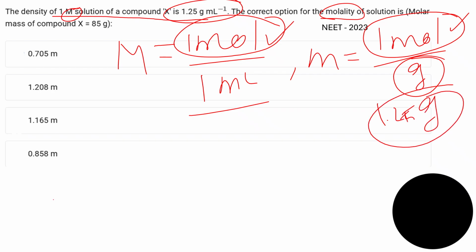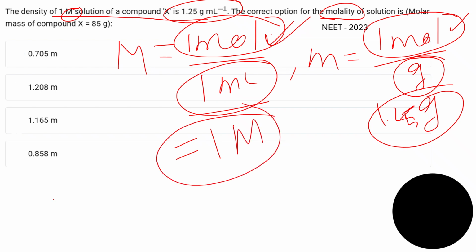Okay. Just think. This is simple. In 1 molar, 1 mole divided by 1 ml gives 1 molar. 1 by 1 is 1. So the answer is 1. Here it is 1 divided by 1.25. Definitely the value is less than 1, right? 1 divided by 1.25 is definitely less than 1.